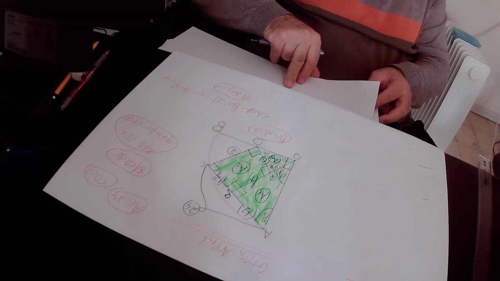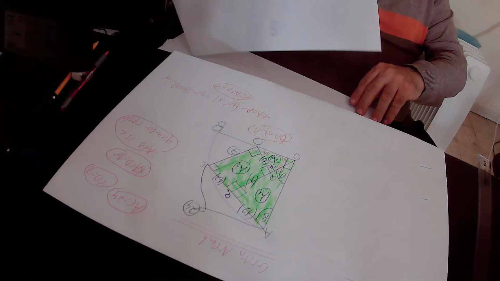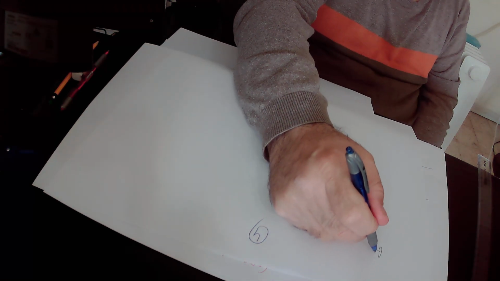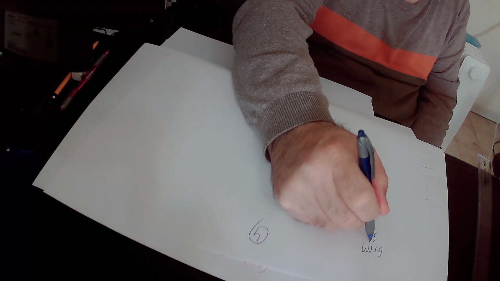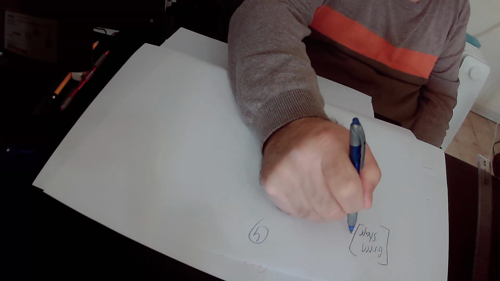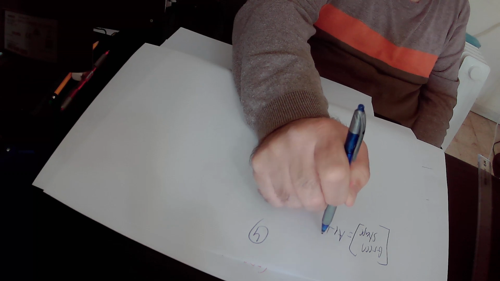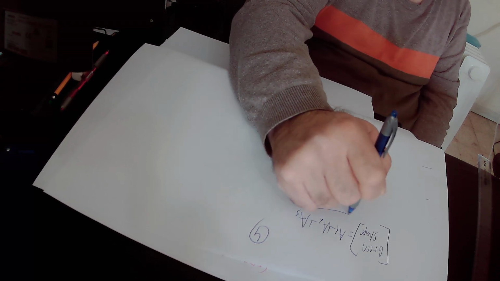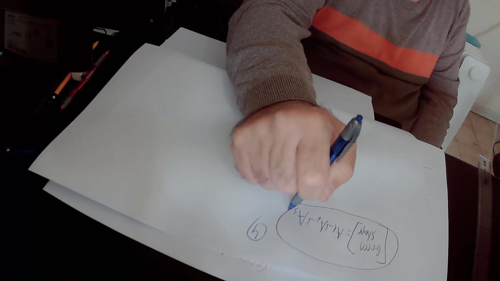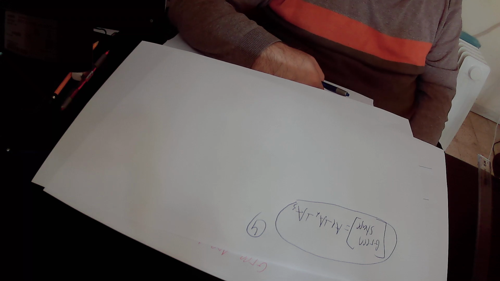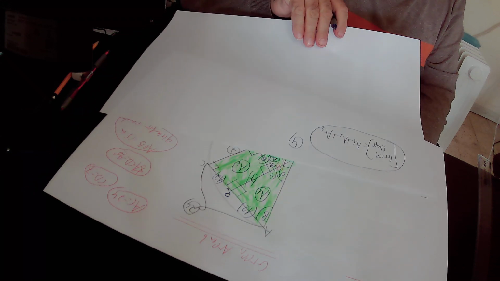The area of the green shape in total will be equal to A1 plus A2 plus A3. We'll calculate each area separately and then we'll add the areas, which will give us the area of the green shape.